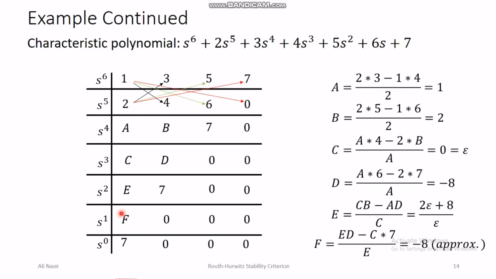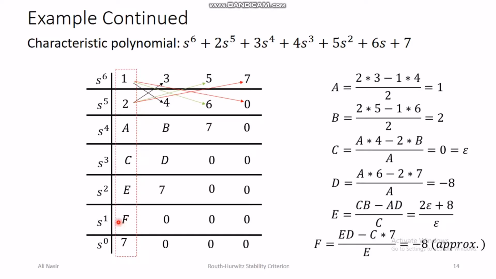So now we have completed the Routh table, and this is the first column of the Routh table. In this column you can see that this is positive, positive, positive, positive, and E is also positive, but F is negative. So F is negative, so there is a sign change.